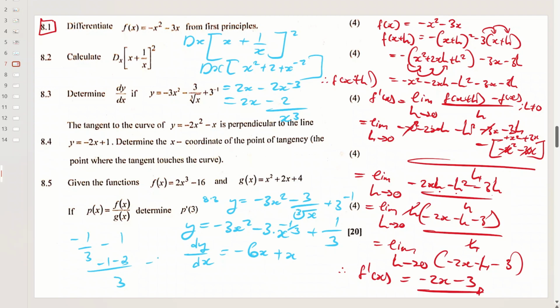So this is negative 3 all over 3. That's negative 1. Have I done that correctly? Let me see. Okay, so this is 3, negative 1, and then minus 3. So this is going to give us negative 4 all over 3.